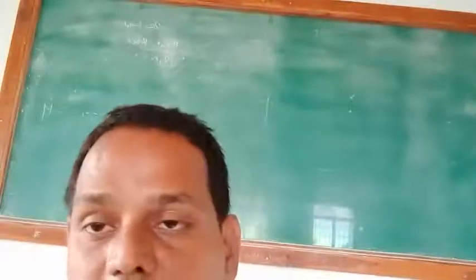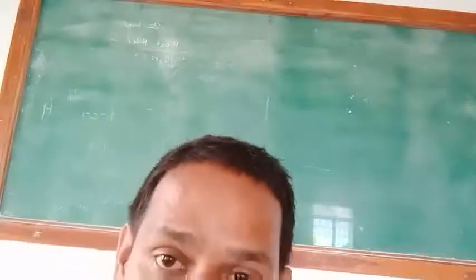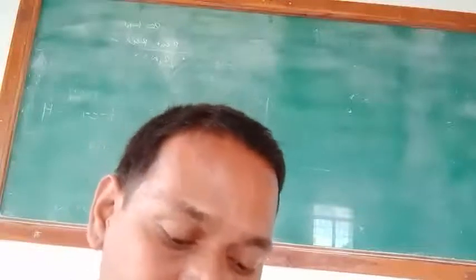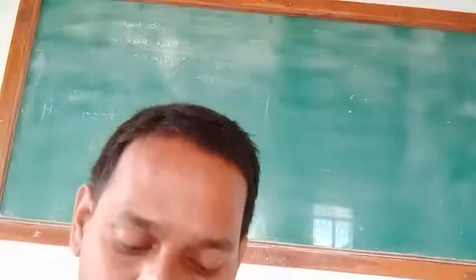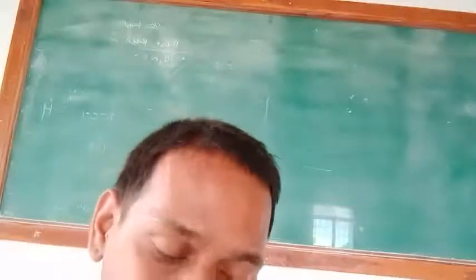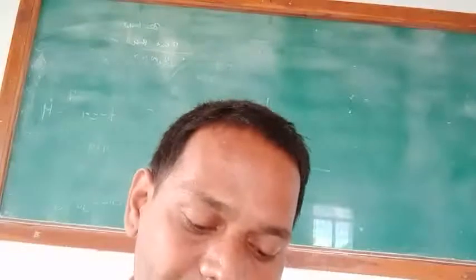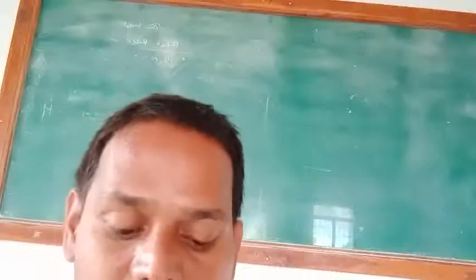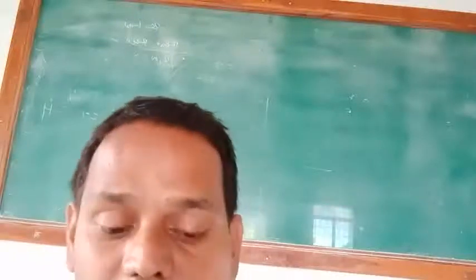This is a polynomial over F_p with alpha as its root. Thus, alpha is algebraic over F_p. So the degree of F_p(alpha) over F_p is equal to the degree of the minimal polynomial of alpha over F_p, which is r. Then F is equal to F_p(alpha) has p raised to r elements, which is a contradiction.